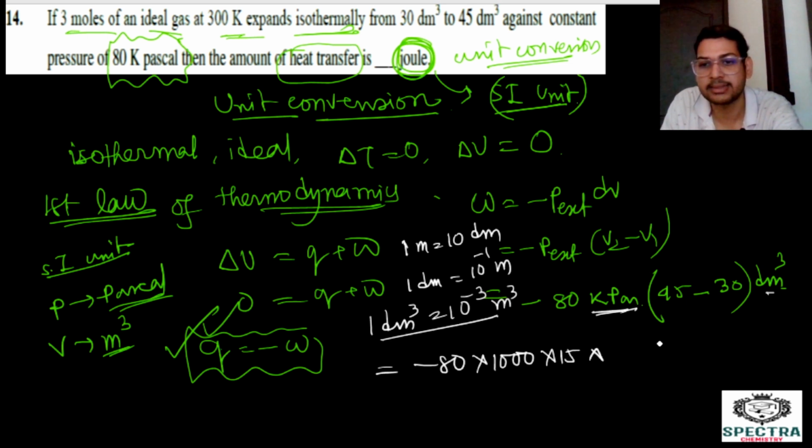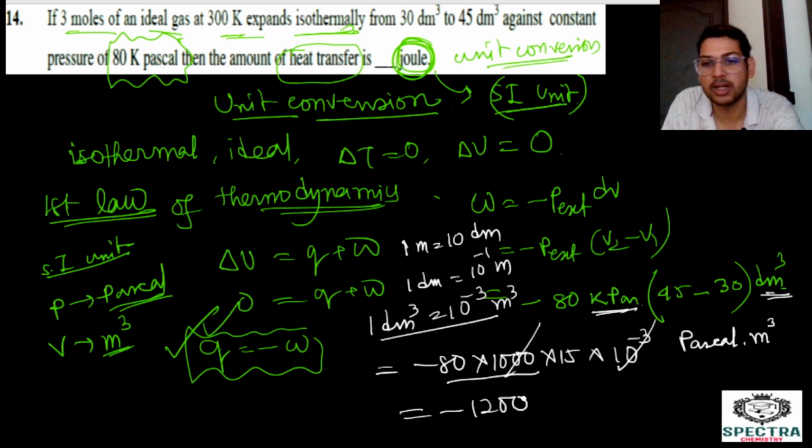Okay sir, I understand now. In the dm cube part I want to write 10 to the power minus 3. Now this pressure is in Pascal and this is also in meter cube, so this will get cancelled out. Minus 1200 Pascal meter cube, from here I can write it as joule, and this is your W value.